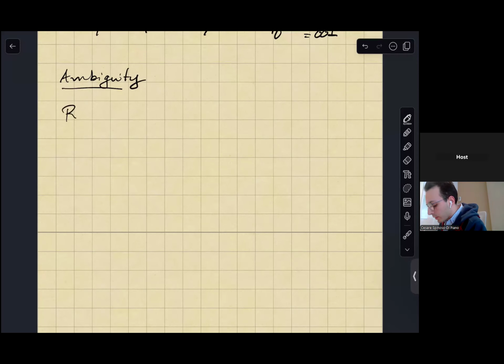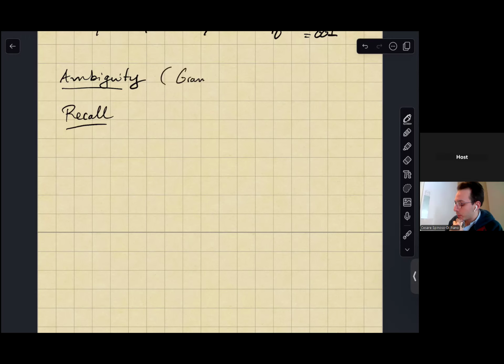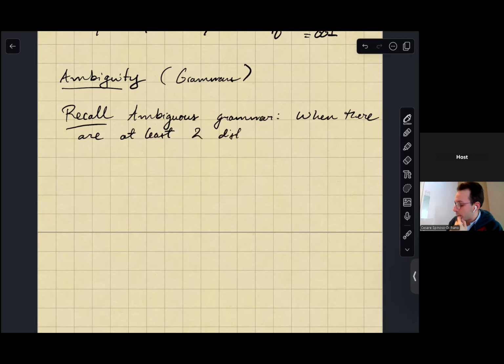So this is just a quick recall of the definition of ambiguity, in the context of grammars, right? An ambiguous grammar is essentially when there are at least two distinct ways.